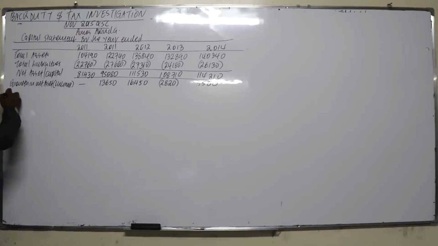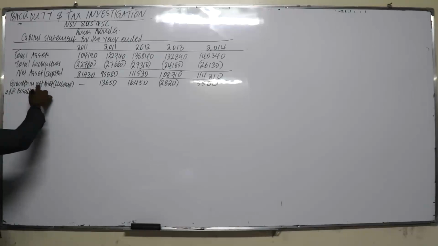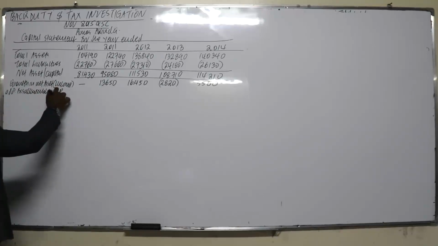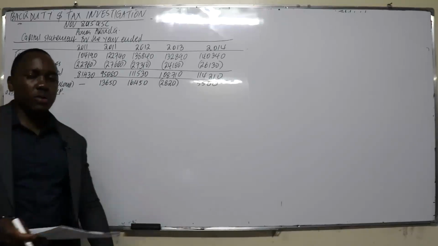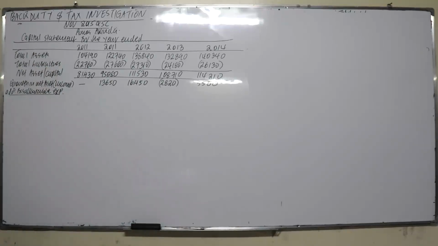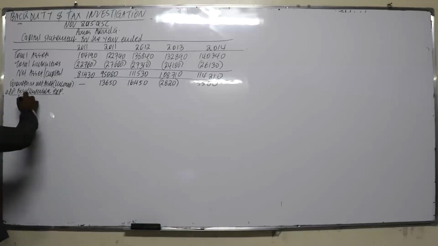Then once you get the income, you add disallowable expenses, such as living expenses. So in that case, note number two, you're told that his living expenses for each of the 4 years were as follows. So we have living expenses.